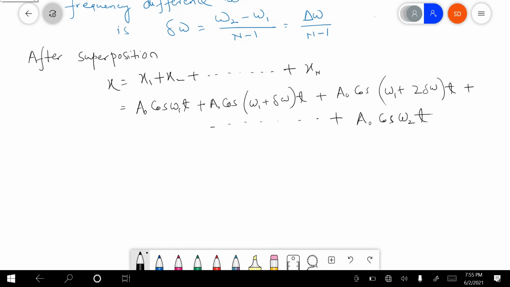Now we know that this x is the real part of a complex function z.